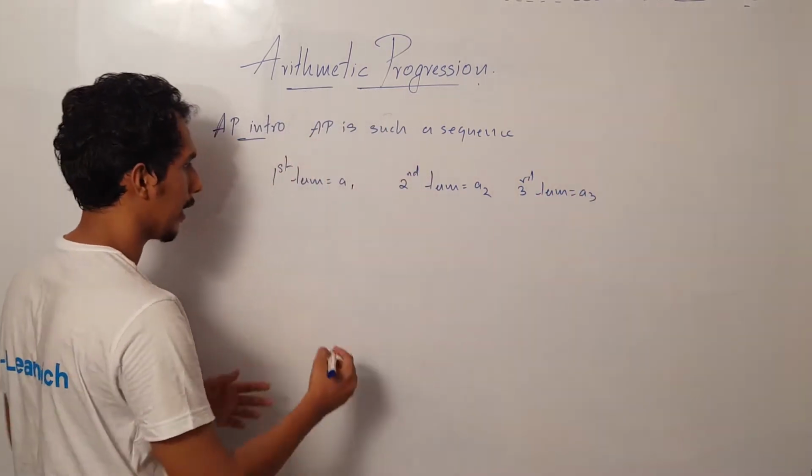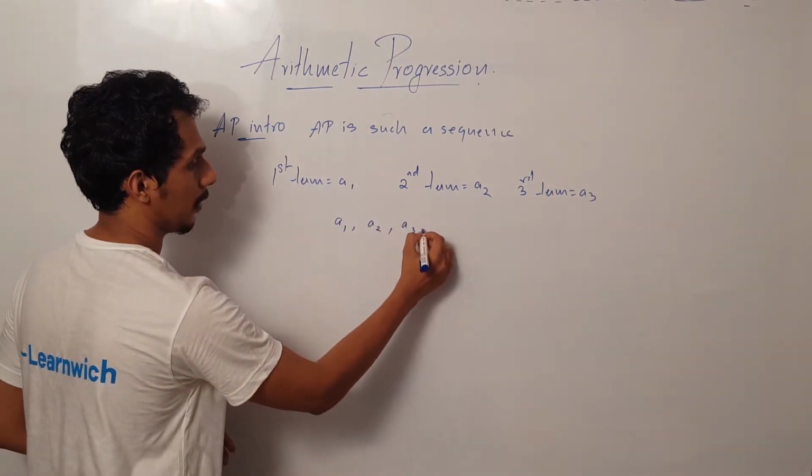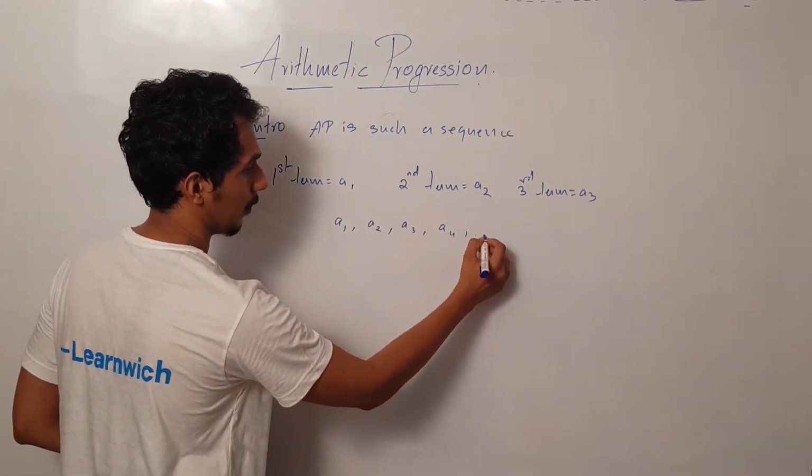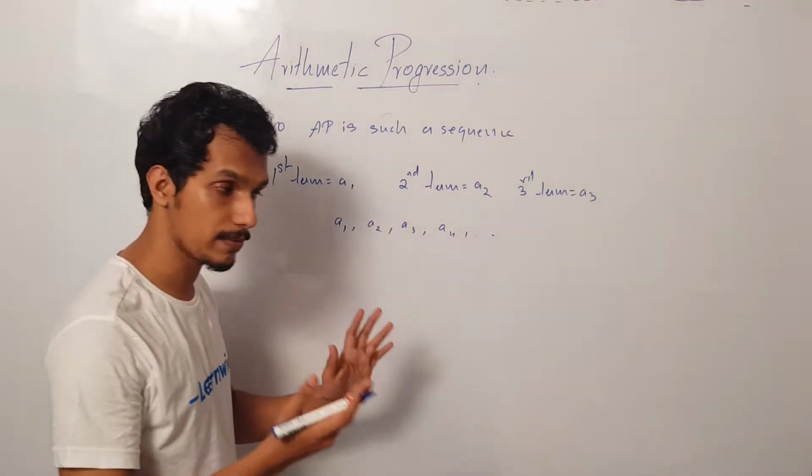So you can write it like A1, A2, A3, A4, etc. See that it is separated by commas, which means it is a sequence of numbers.